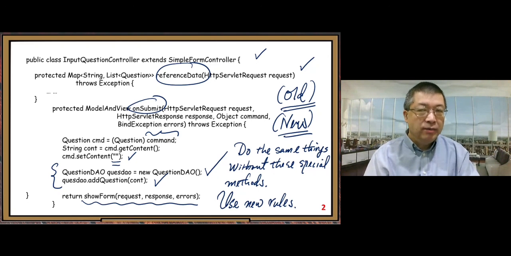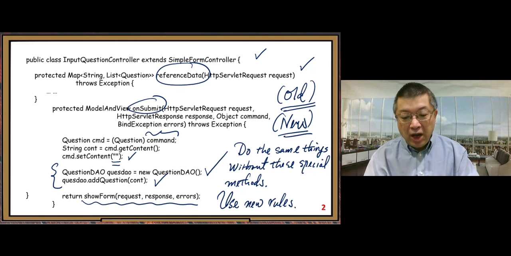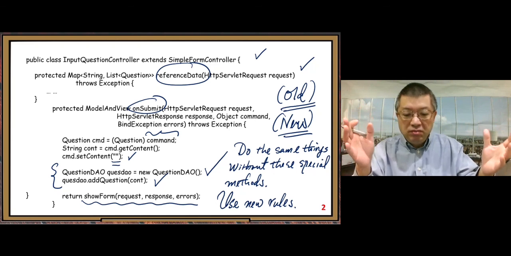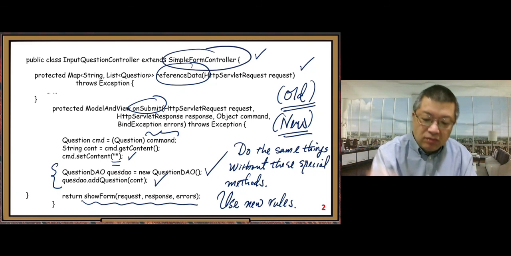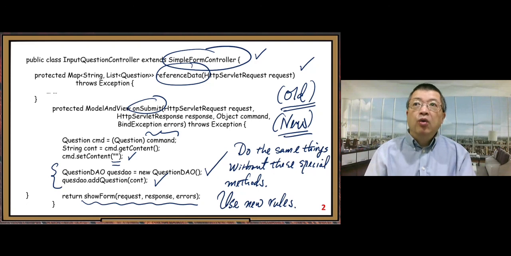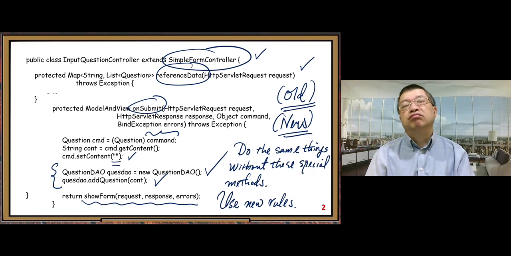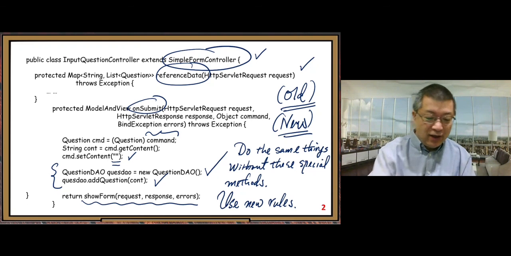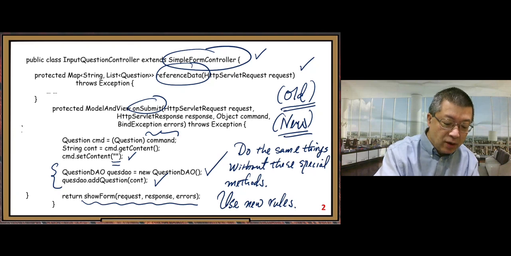We do the same thing, but we eliminate those special Spring classes. The reason is very simple. We want to make our controller more reusable. So that's the main reason. Reusable.